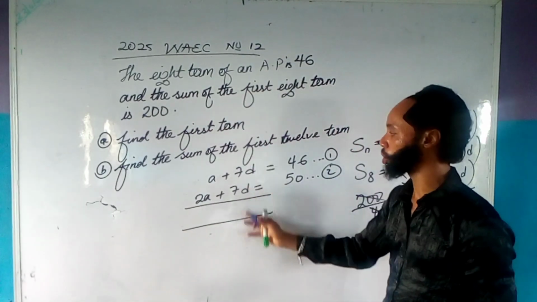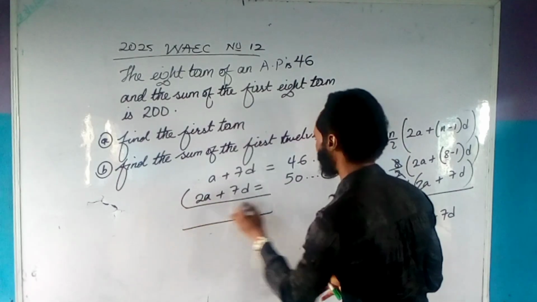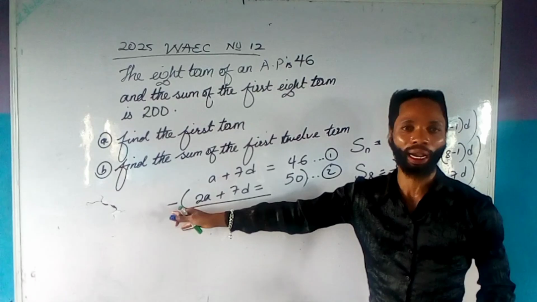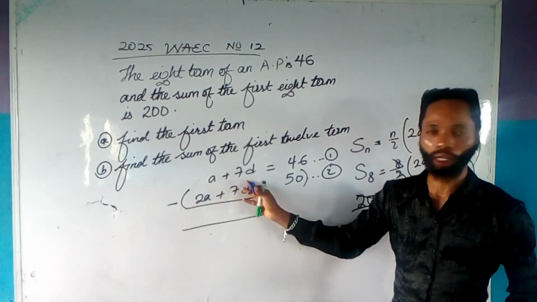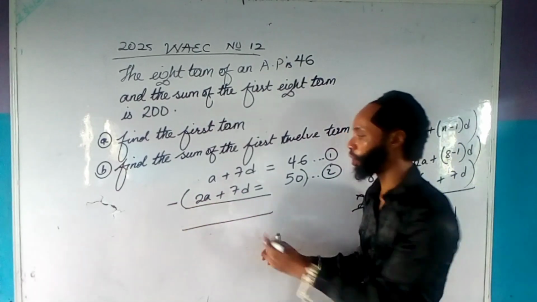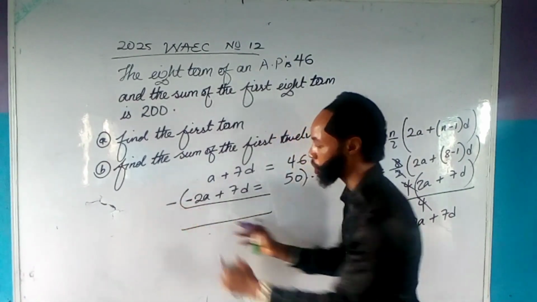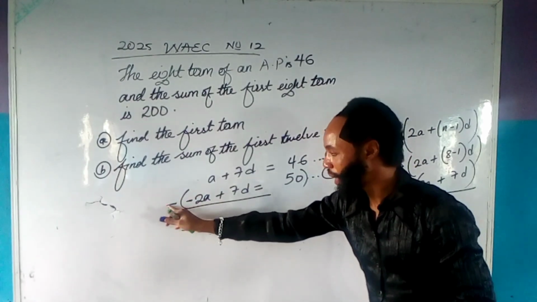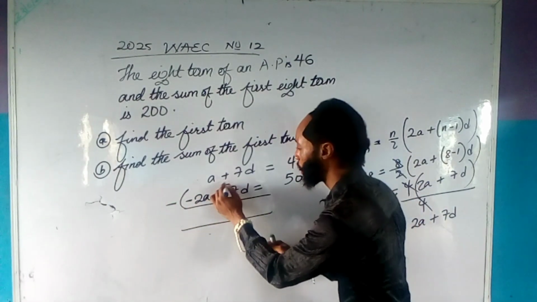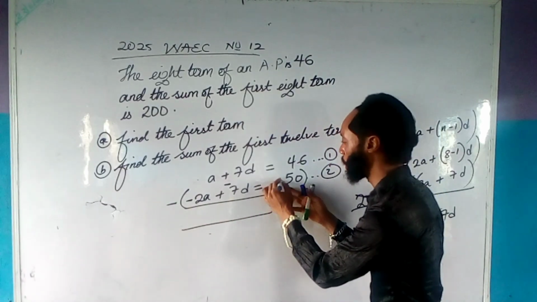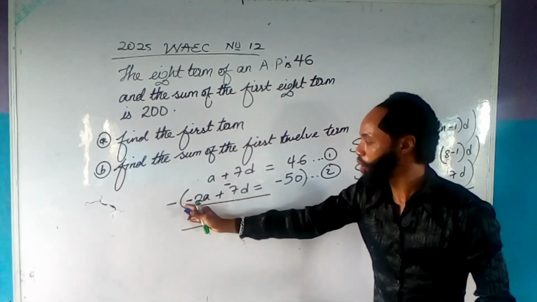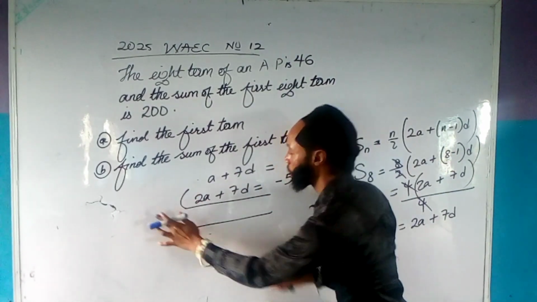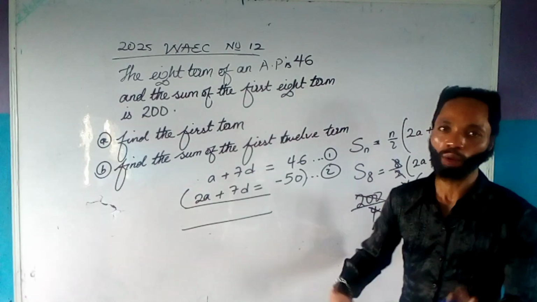We're going to eliminate d. So we are subtracting equation 1, multiplying equation 1 by negative so that our d will become negative. Negative times positive is negative. If I said 7d plus 7d to be 14d, that will not eliminate d.